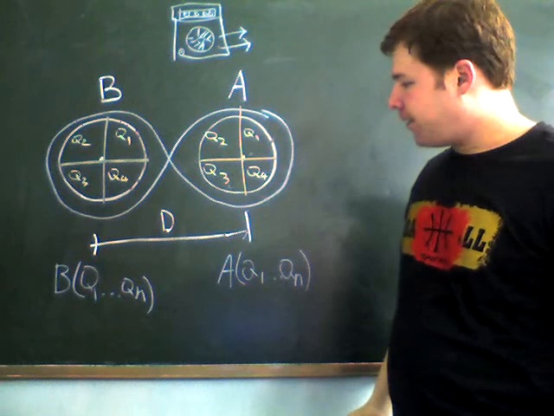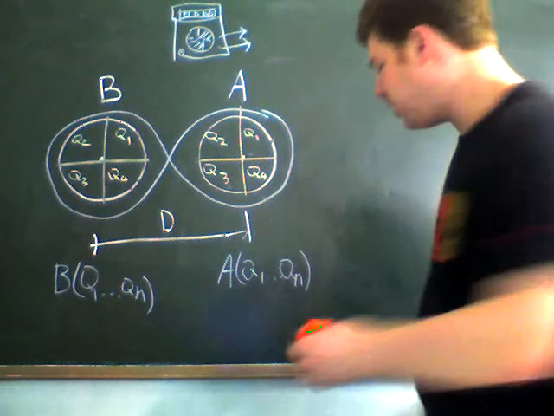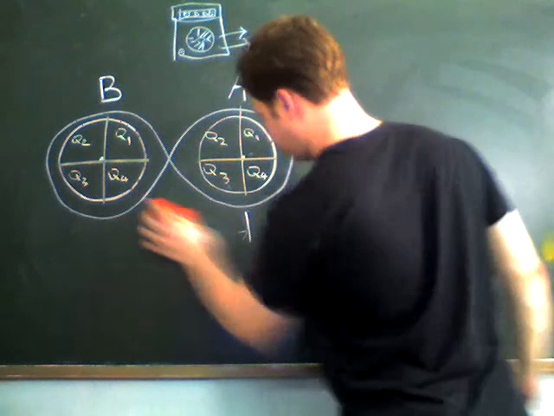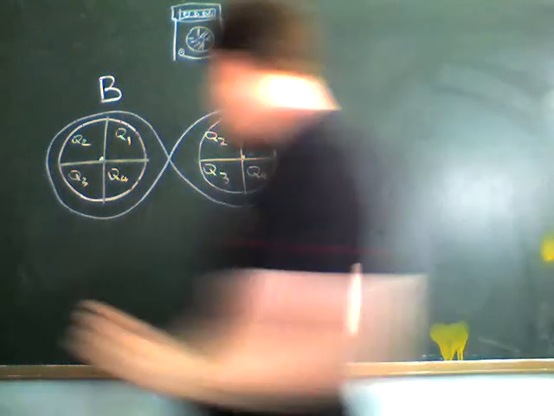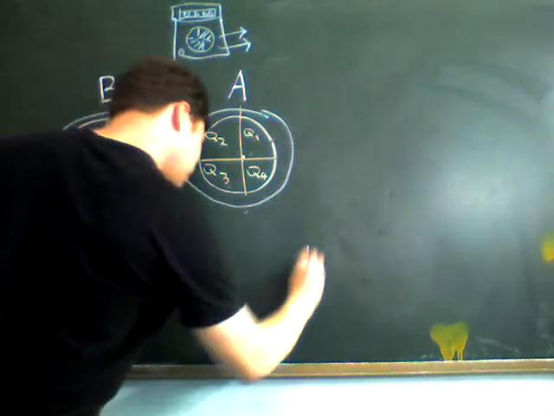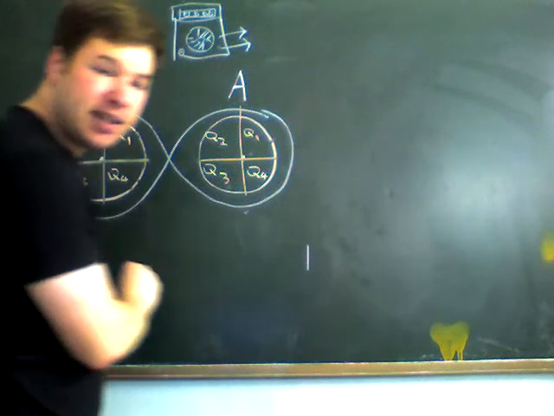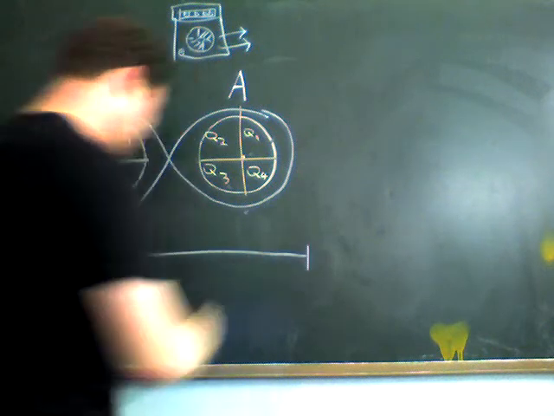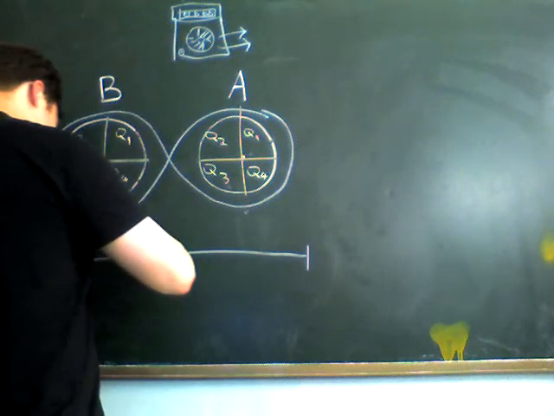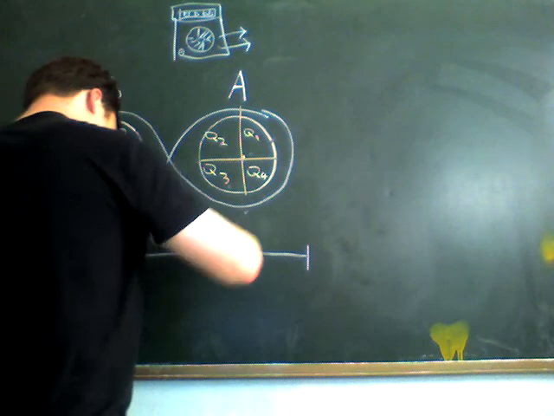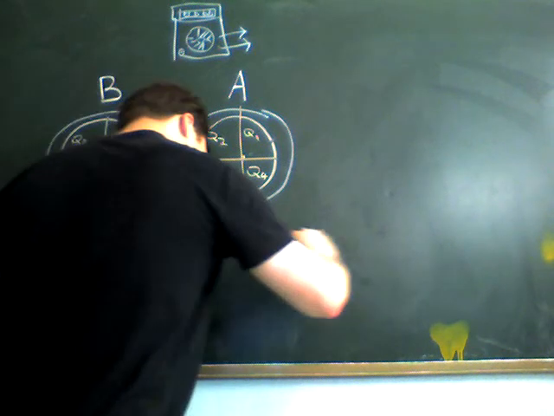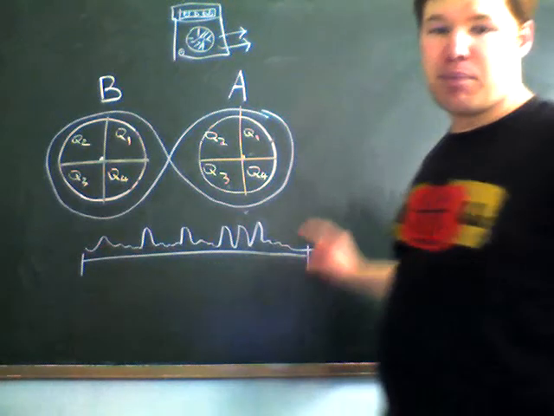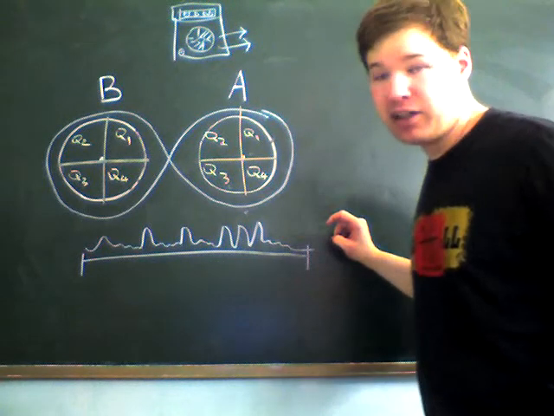Let me illustrate this a little better. Let's not worry about the distance here. Imagine from here to here is the entire pulse train of the Stargate address. Let's say it goes here, and here, and here, and here, and here, and here, and here. So maybe this is what the pulse train of our particular address would look like.